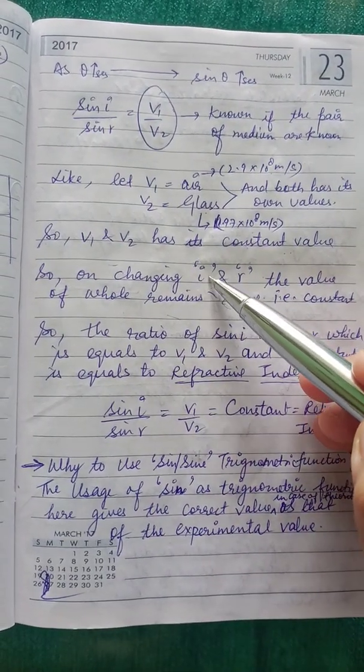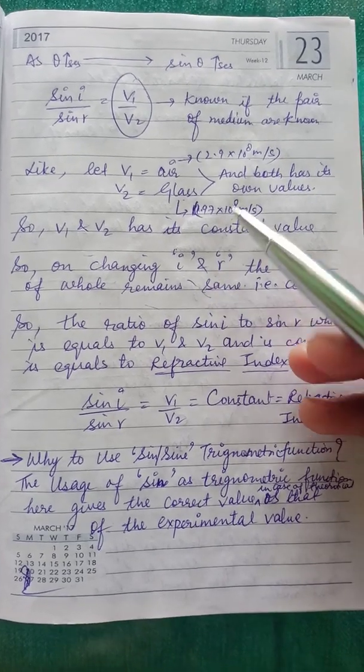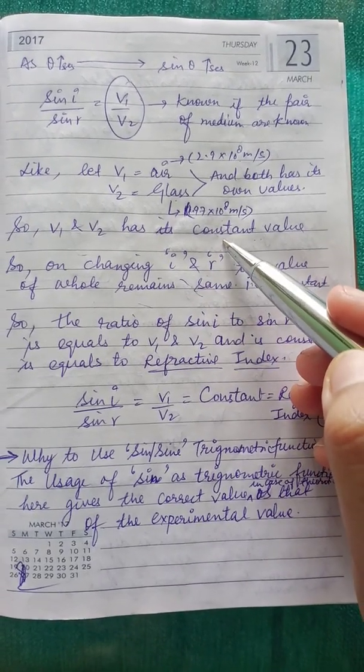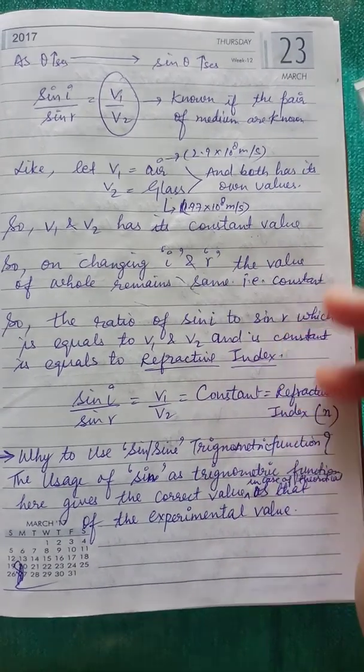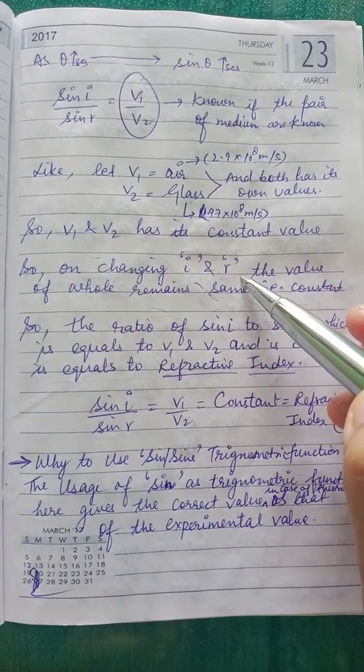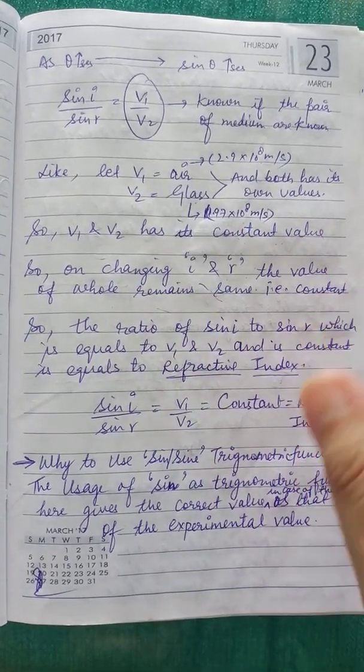So on changing these i and r angles, we'll get the value whole. If you're changing i and r also, students, they have a specific value, like sine i. For sine 30 you will get 1 by 2 always, and for sine r, supposing 45, sine 45 will give 1 by root 2. So on changing it also, you could see that the constant value remains constant only. It will never change.